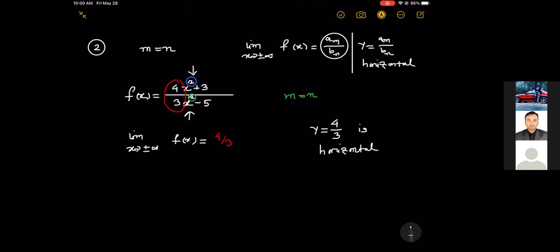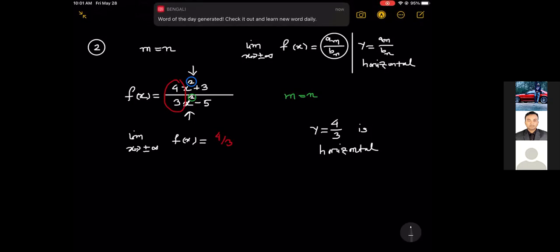Anything that you can generate by just observing the discussion? All good?